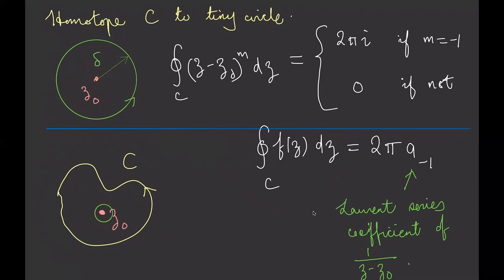Now, in the important example we talked about a couple of lectures ago, we calculated this for general m, for m being any integer, and we discovered something kind of nice. We got 0 in almost all instances, except when m is equal to negative 1. When m is equal to negative 1, you get 2 pi I. How did we discover this? Well, we just parameterized this. Your z minus z0 is this vector here.